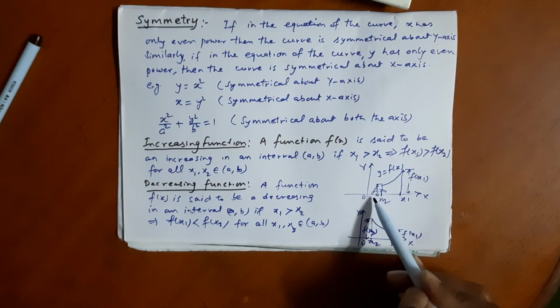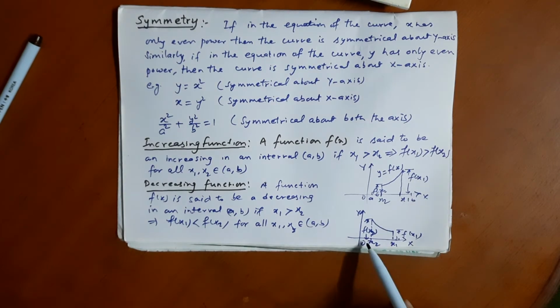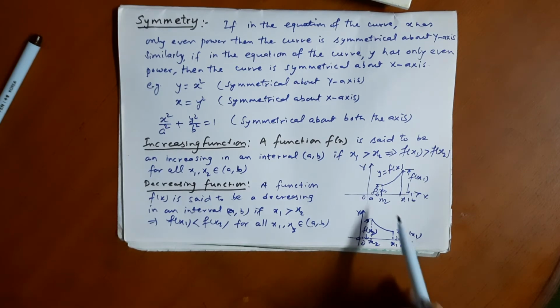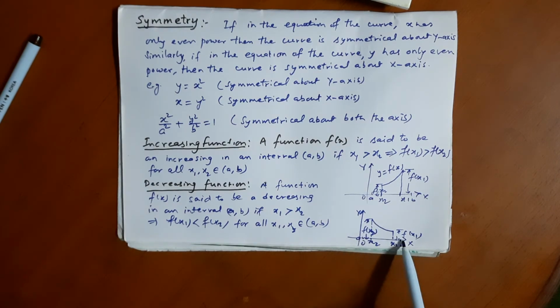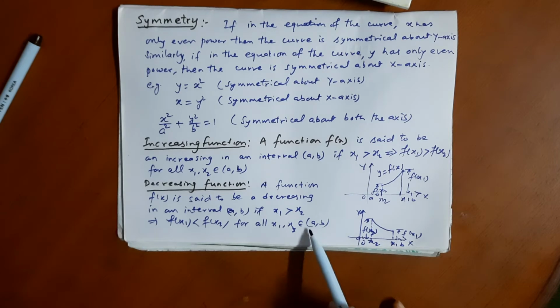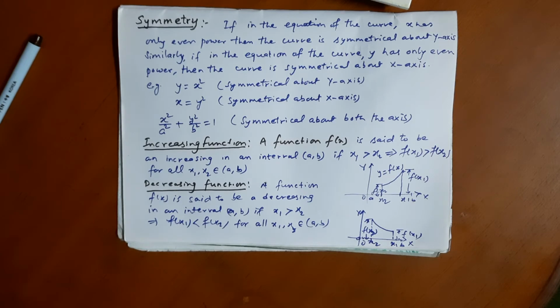Okay, so A can be here, B will be here. So between A and B lie x1 and x2, the points inside the open interval AB. And these increasing and decreasing functions are also known as monotonic functions.